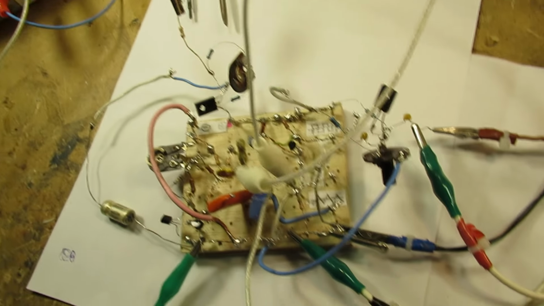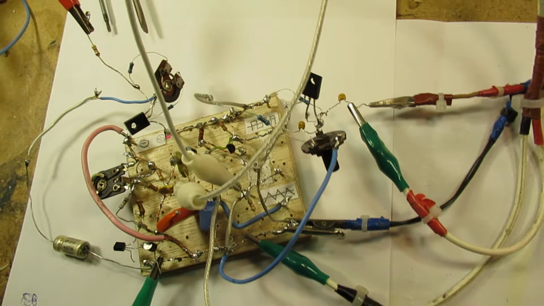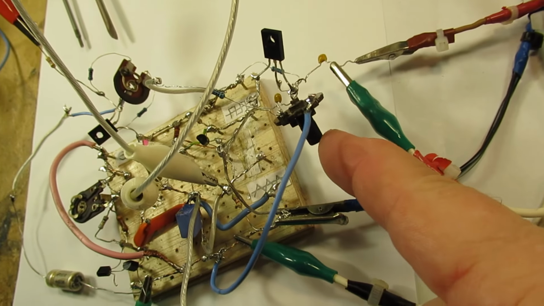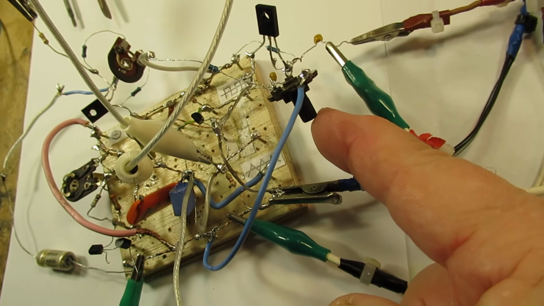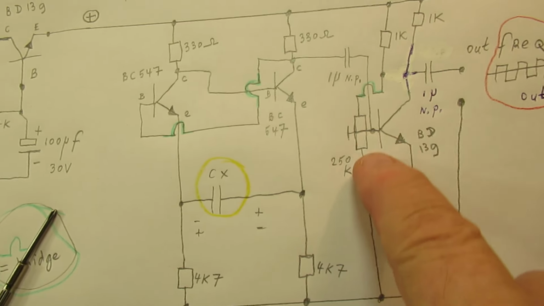Well, let me show what it means when you change the bias via this potentiometer, that is 250 kilo ohms, this one. I turn it now and let's see what happens.